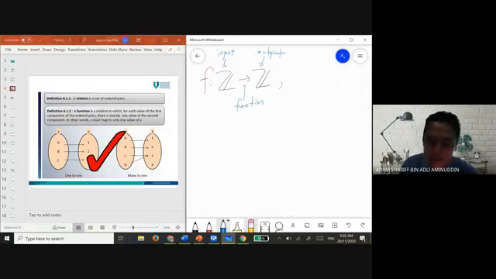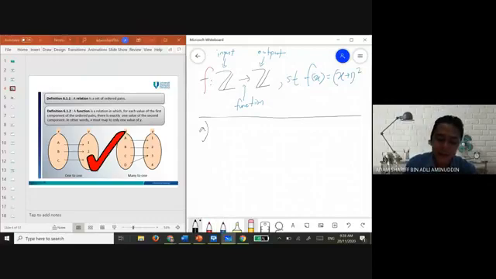Tetapi dia selalunya patut bagi tahu macam mana dia punya mesin tersebut berfungsi. Jadi katakan saya letak f(x) sama dengan (x + 1) kuasa 2. Okey. Jadi kalau saya tanya soalan, find f(1).